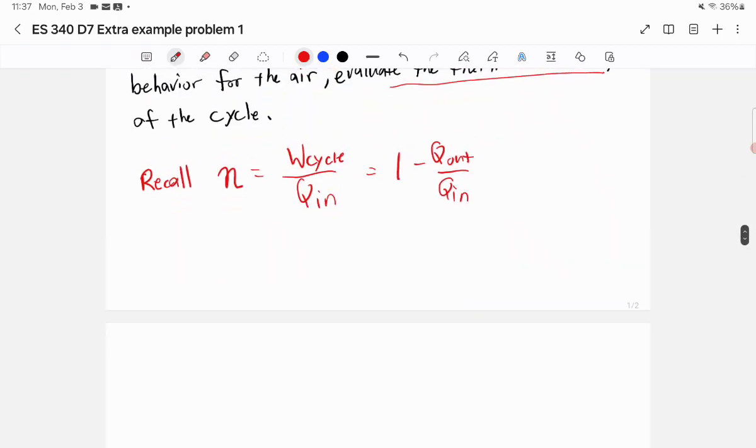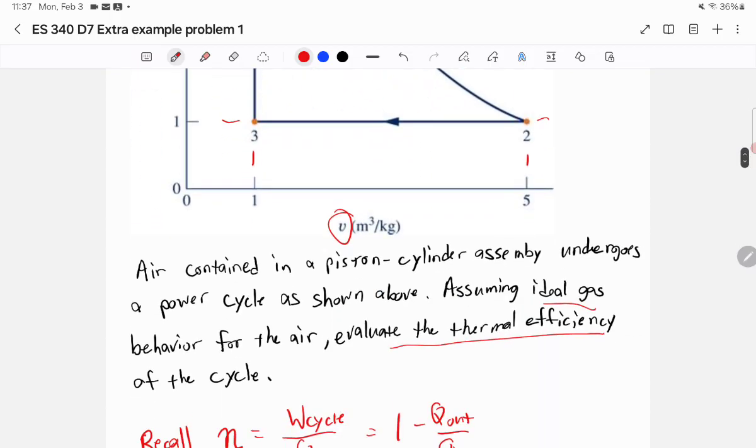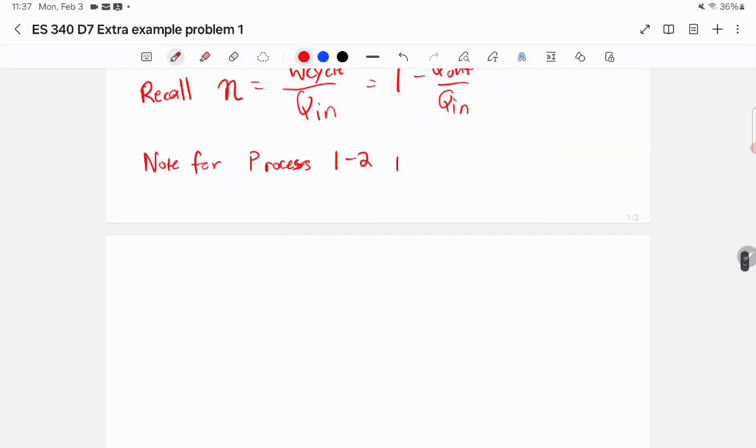Now note for process 1 to 2, this is isothermal. That is, T is constant for this process, right?